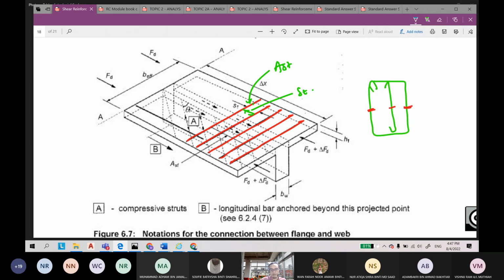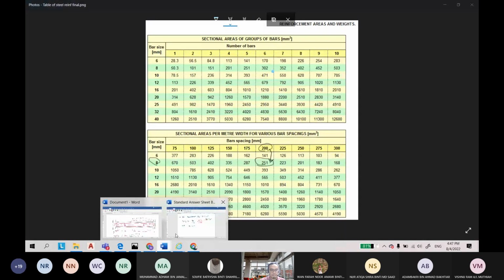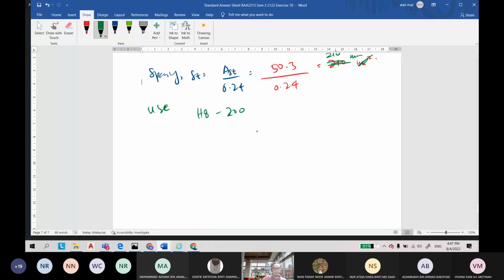For every 1 meter, the area, if you select 200 mm center to center, is equal to 251. So AST is equal to 251 millimeter square per meter.